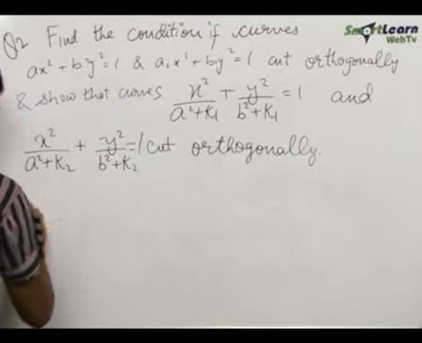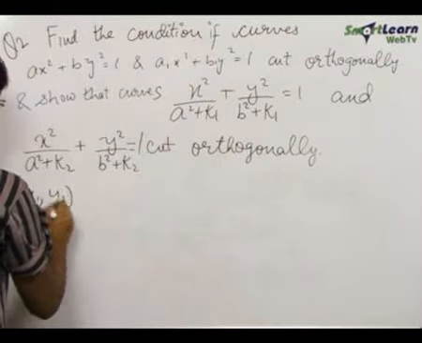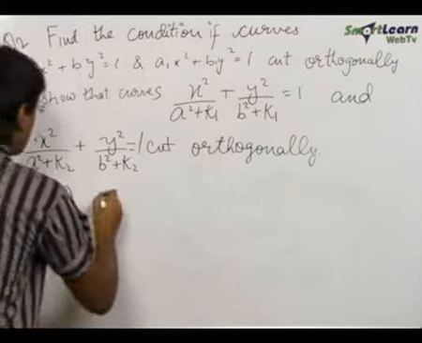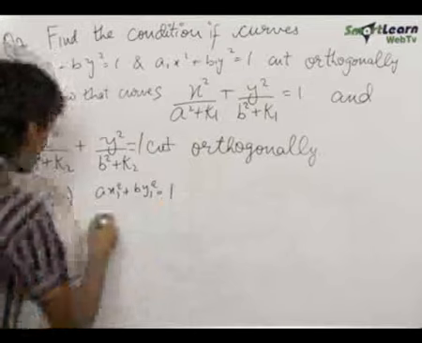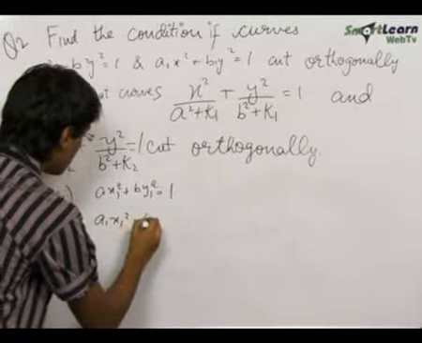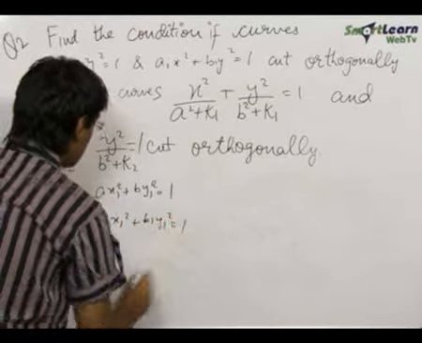First of all, if (x1, y1) is the point of intersection of both the curves, then we have ax1² + by1² = 1 and a1x1² + b1y1² = 1.